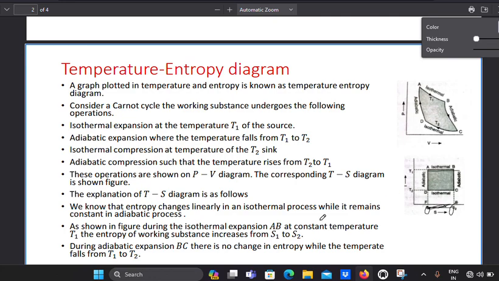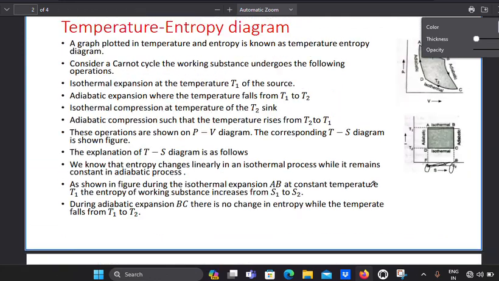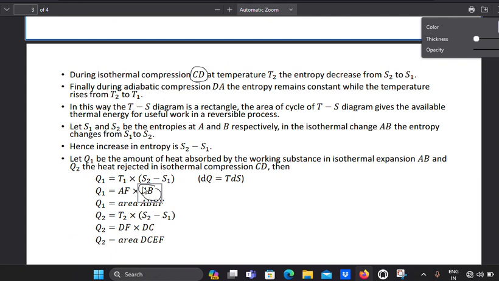Because I am speaking only about isothermal expansion, and CD gives isothermal compression. I am not speaking about the compression. So that is why I am taking AB instead of CD. AB is from S1 to S2, so that is why AB is written here.